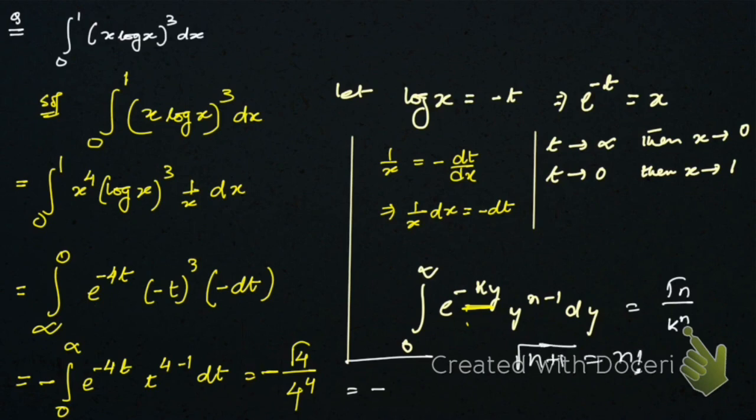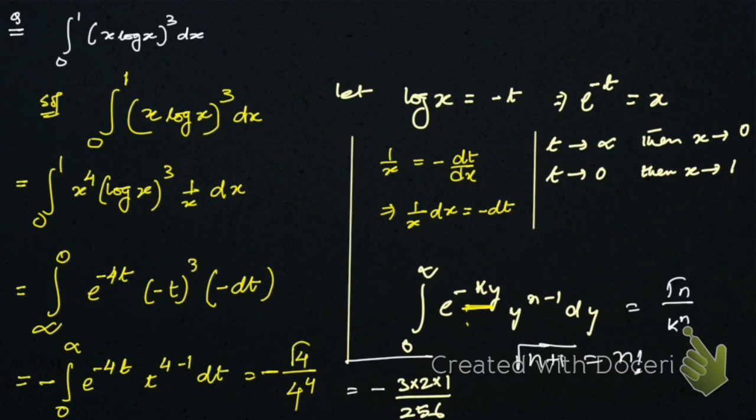If you apply that, gamma 4 means factorial 3, and factorial 3 is nothing but 3 into 2 into 1. And 4 to the power 4 is nothing but 256, since 4 4s are 16, 16 4s are 256.